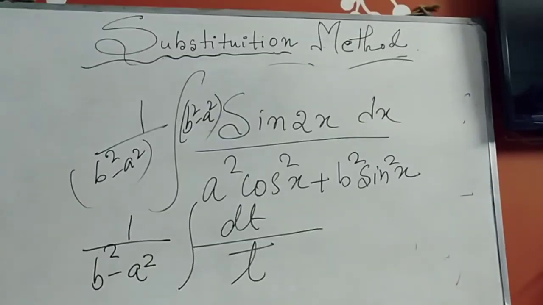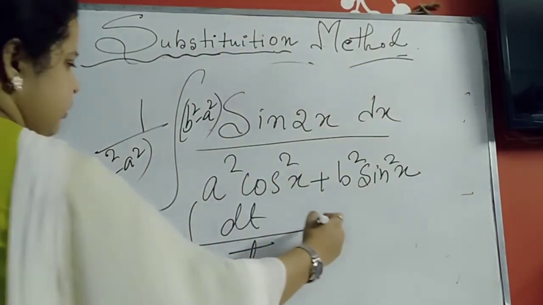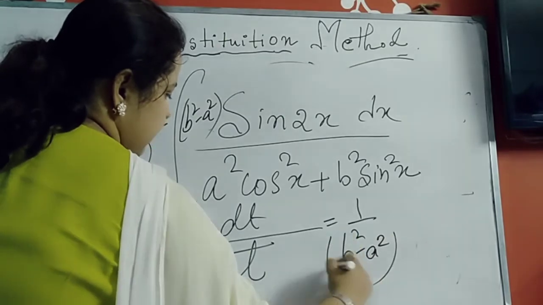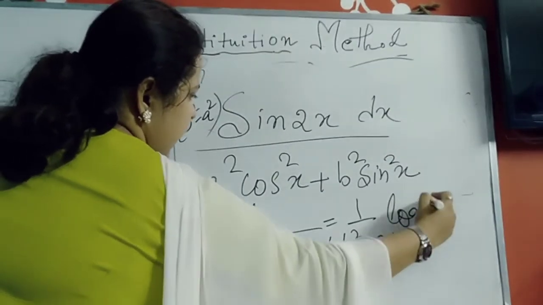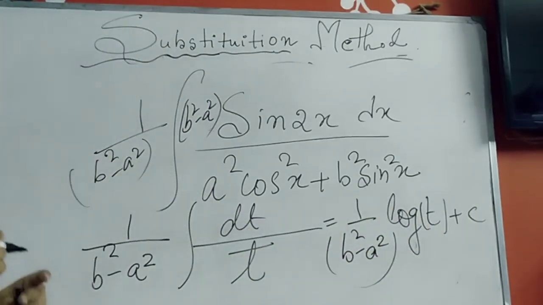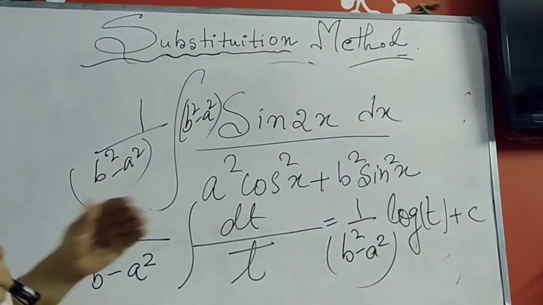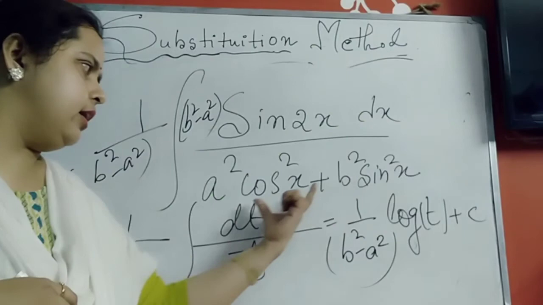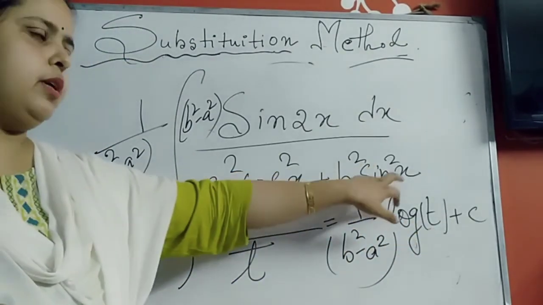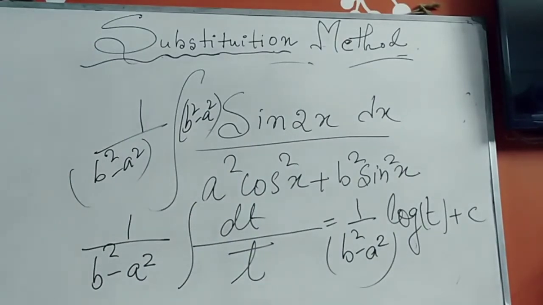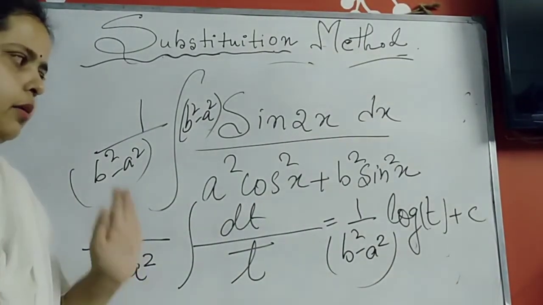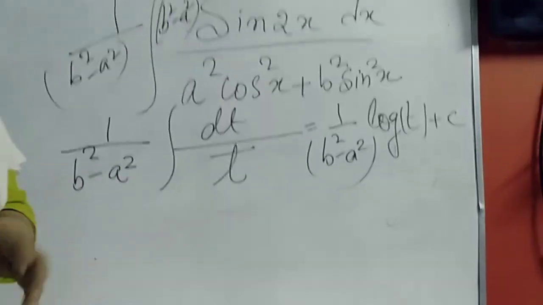As an introductory class, I hope it is clear to all of you how this particular method is going to help us. So please do substitute the t value. What is t? You have taken the denominator. So in the place of t, you are going to write a squared cos squared x plus b squared sin squared x.